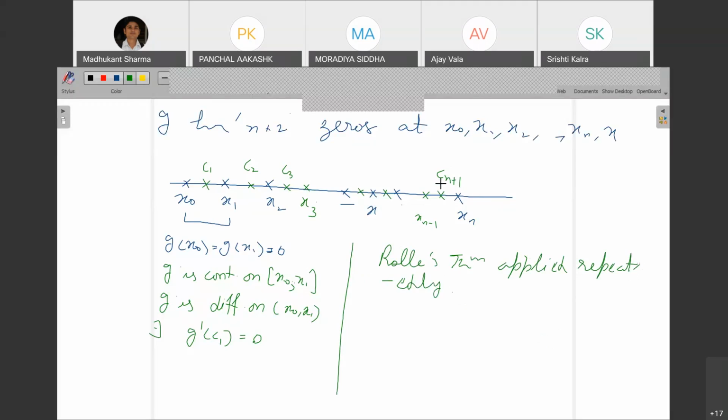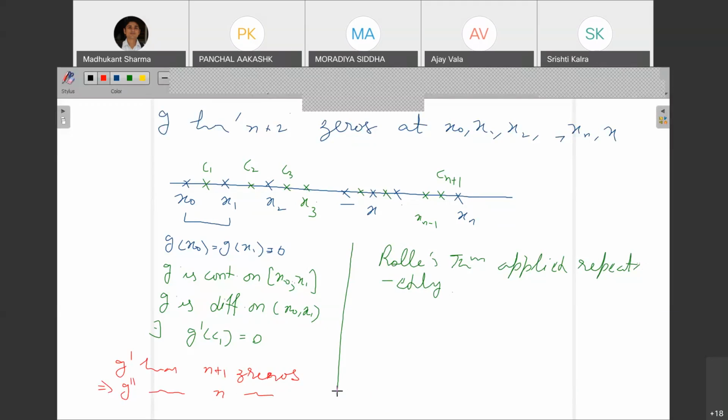If you again apply Rolle's theorem and use that f is two times differentiable, you have n zeros for the second derivative. So g dash has n plus 1 zeros, and if I again apply Rolle's theorem, assuming f is two times differentiable, then g double dash has n zeros, and so on.